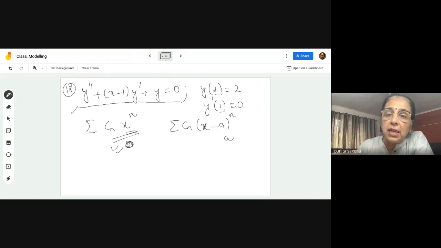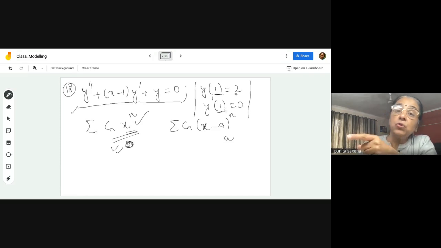But if my initial conditions are given around some other point, see, that's why in all the earlier problems that we have done, even problems number 16 and 17 of the equation that I was talking of, the initial conditions are given when x is 0. So we go ahead with this series, use the initial conditions and get the values. But in this case, my initial conditions are about 1.